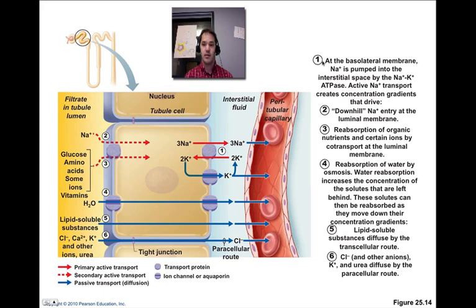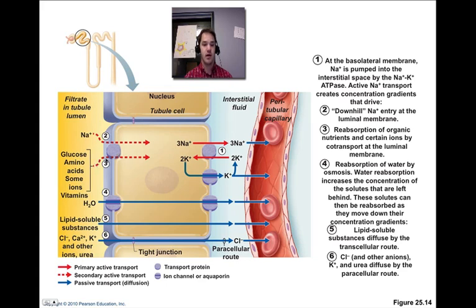Okay, so we're at 1 here. 1 is that the sodium-potassium ATPase sets up a gradient so that sodium is leaving the cell, and if there's high sodium in the filtrate, that means sodium wants to enter the cell from this side, and it can do so through these channels.